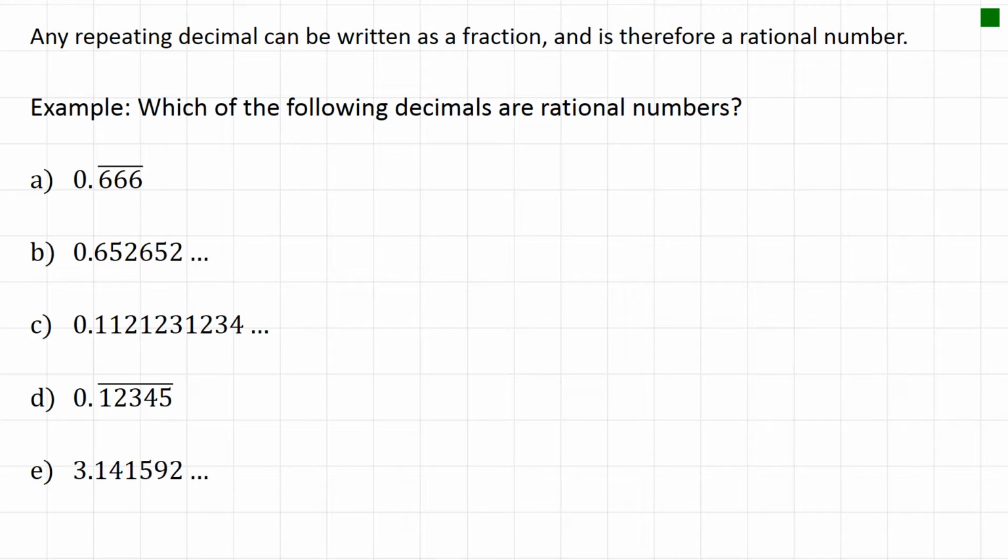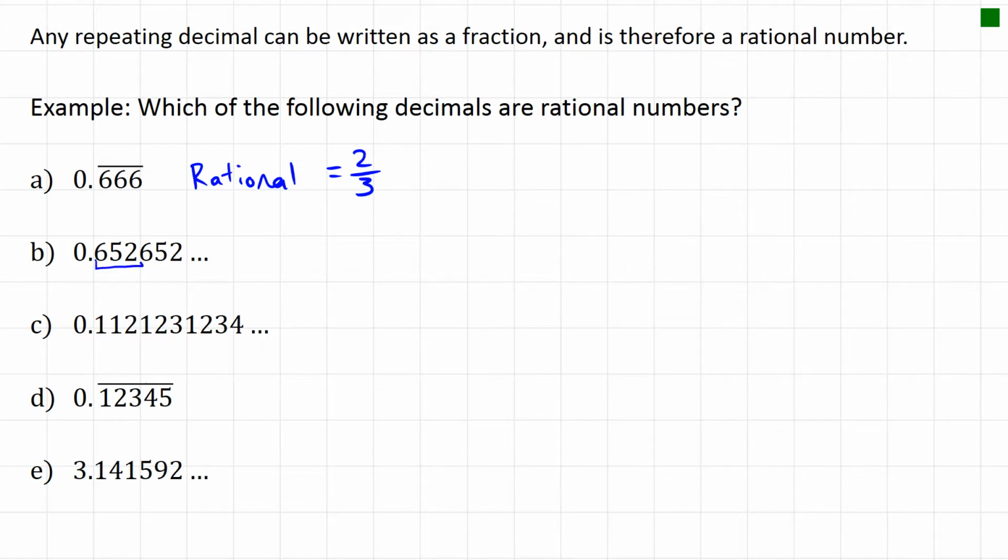So let's go through some examples. Which of these are rational numbers? Well, 0.6666 repeating. It doesn't matter if you have 3 repeating, it just means that the 6s are repeating on and on. That's rational. And if we wanted, we could write it as a fraction. That's 2 over 3. The next one, 0.652652, dot, dot, dot means it's going on and on and on.